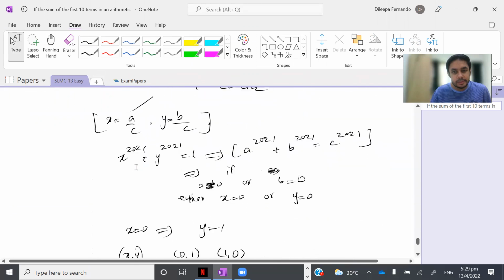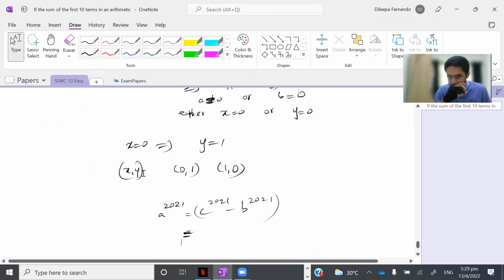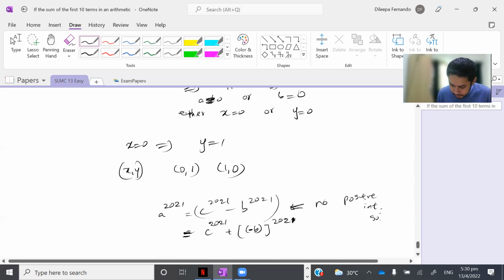So in other words, this has no positive integer solutions. Let's say minus b equals d.